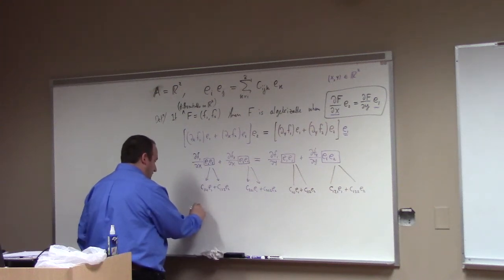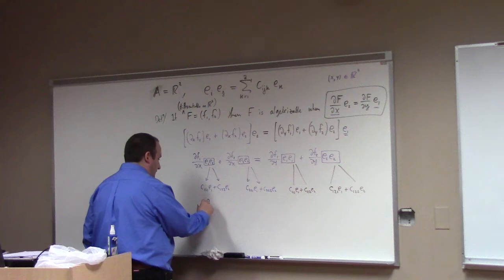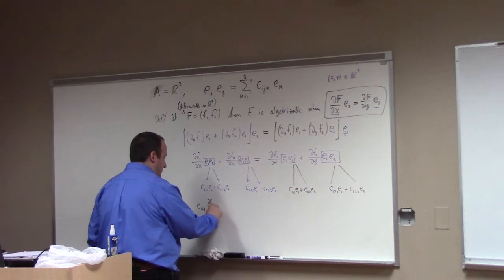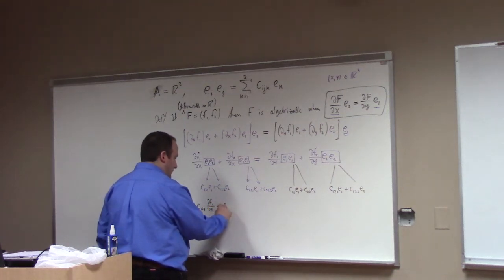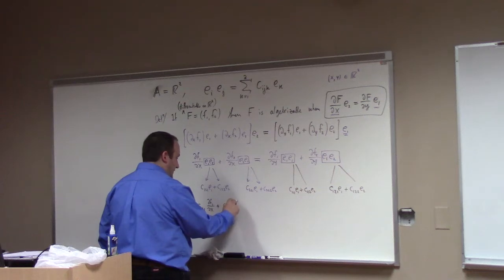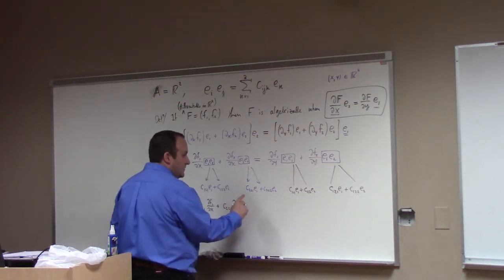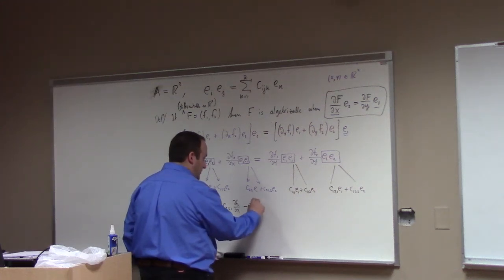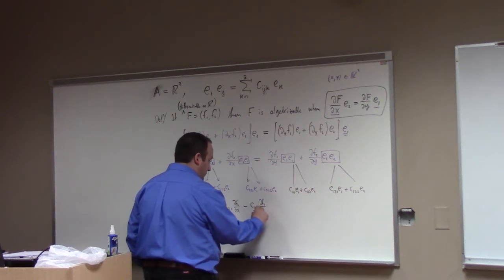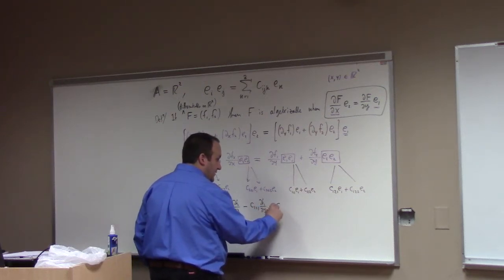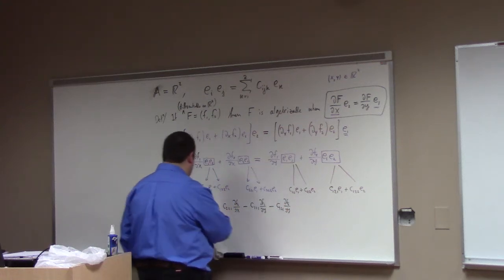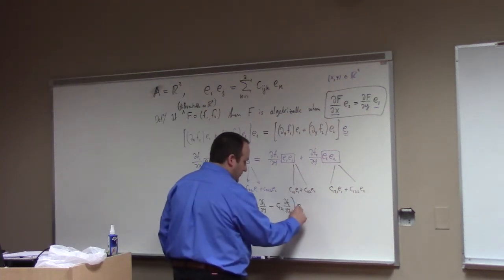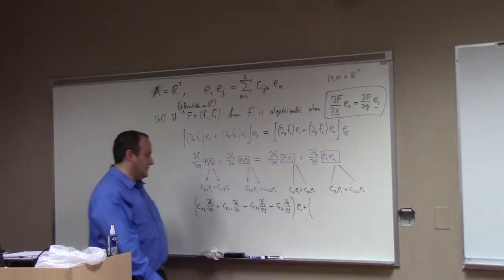We've got c121 partial F1 partial x, plus c221 partial F2 partial x, minus c111 partial F1 partial y, minus c121 partial F2 partial y, all times e1, plus parentheses.